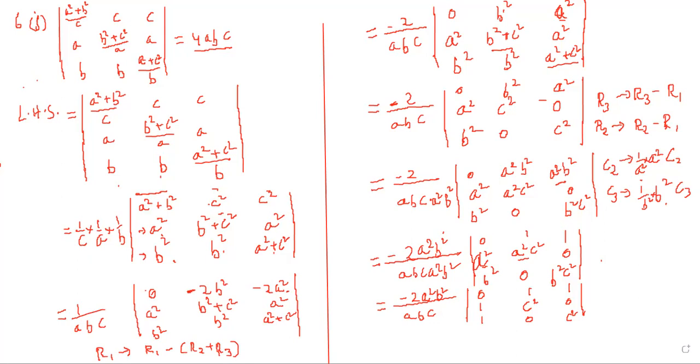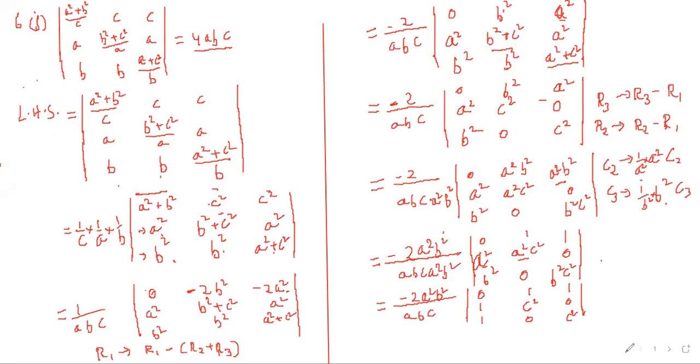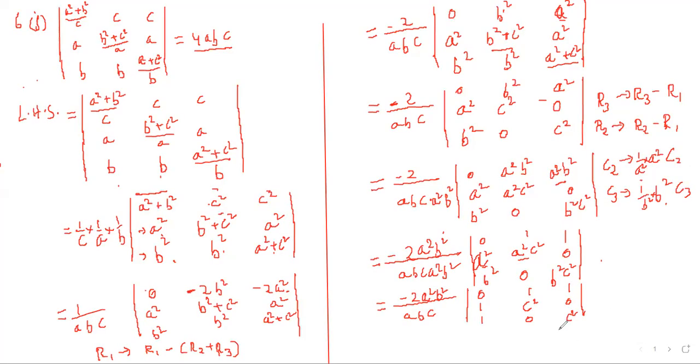Now we have to use the second page also. So first copy the element of this page in next page step as it is. Minus 2 a square b square over ABC. Whenever you change the page, you should copy the item which was the last step in first page completely in next page to avoid the mistakes. 0, 1, 1.